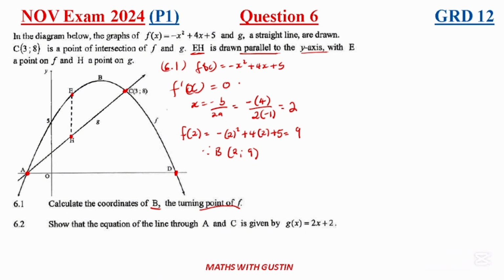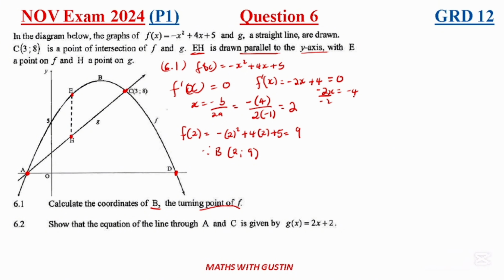Okay, a similar thing would apply if you were to take the derivative. If you take the derivative of that, you get f prime is equal to negative 2x plus 4. We set this equal to 0, so we have minus 2x is equal to minus 4.